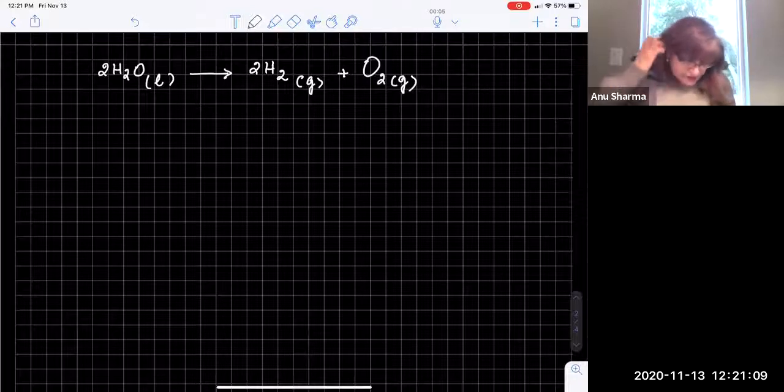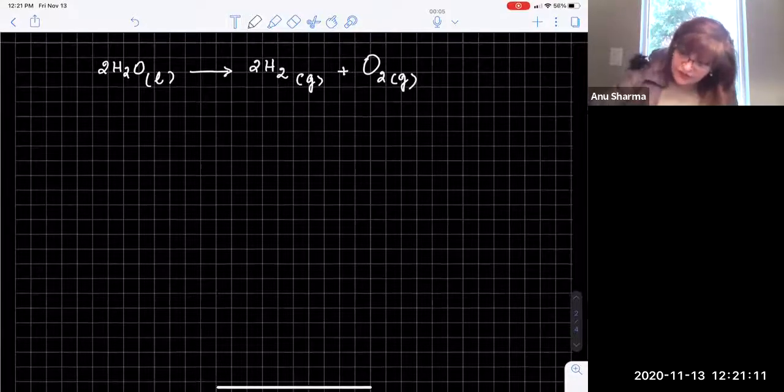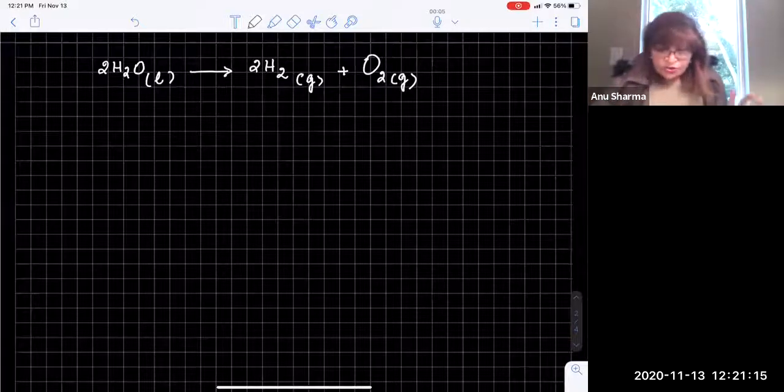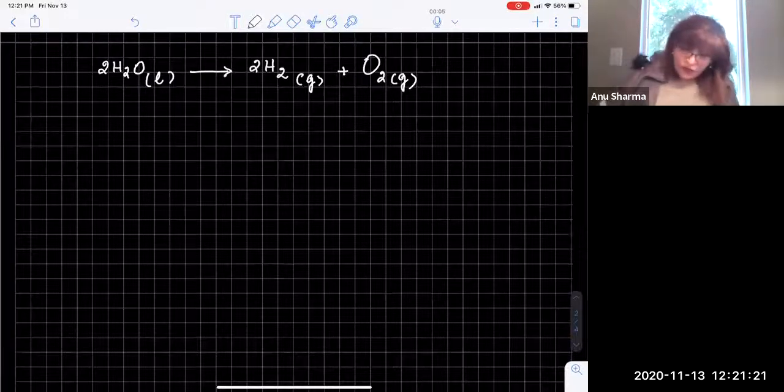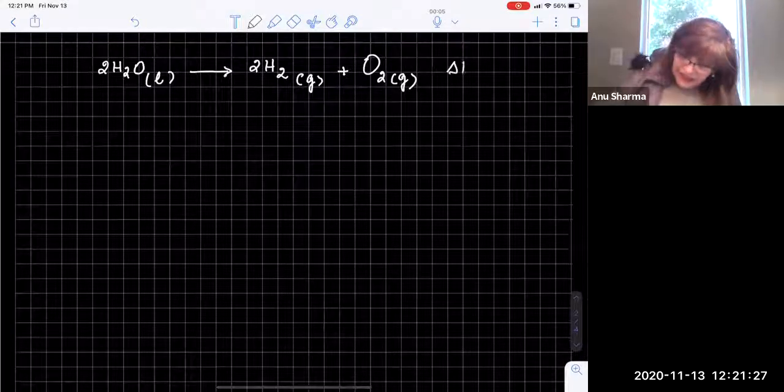I'm sorry, I'm going to say this again. 2 moles of water are decomposing to give you 2 moles of hydrogen and 1 mole of oxygen, all in the gaseous state, and water obviously is a liquid. But here the delta H value for this reaction is positive 572 kilojoules. All right.